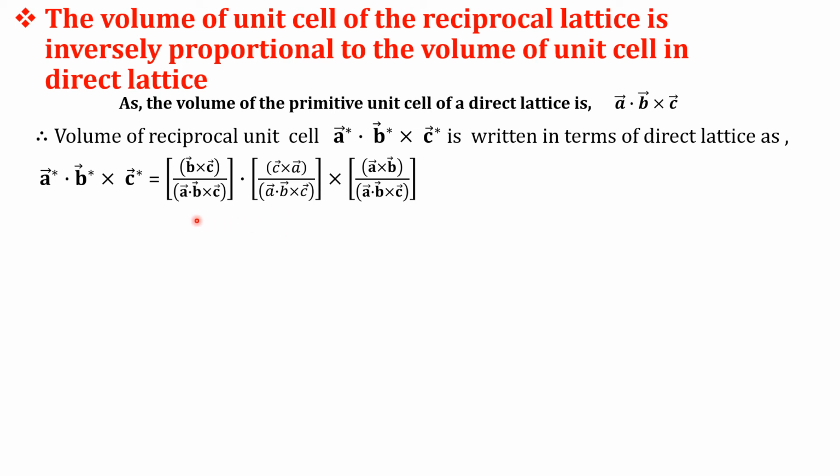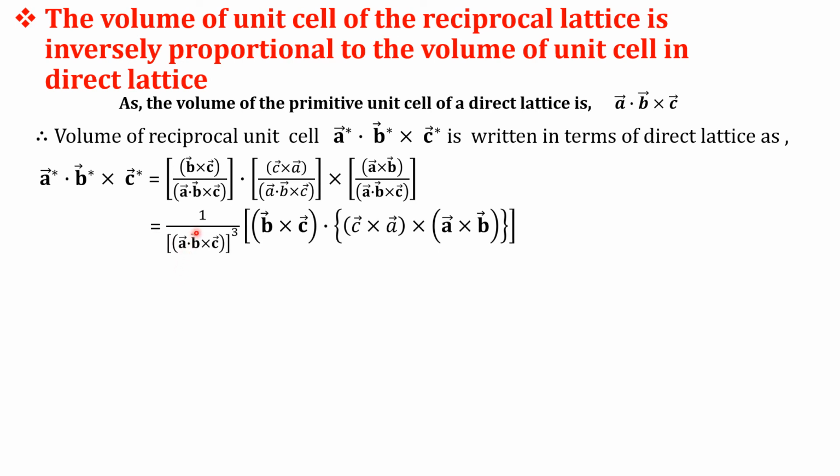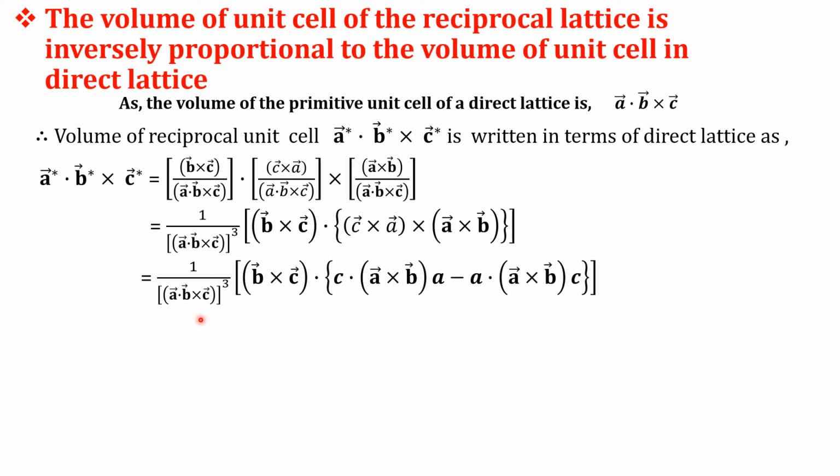Here we simplify this term by keeping one term outside, that is A dot B cross C. This is the product of three terms. We keep one outside the bracket, and we rewrite 1 divided by A dot B cross C bracket cube, inside the bracket B cross C dot C cross A cross B. Now we simplify the cross product of the two brackets firstly, and then again simplify. 1 divided by A dot B cross C bracket cube is as it is.